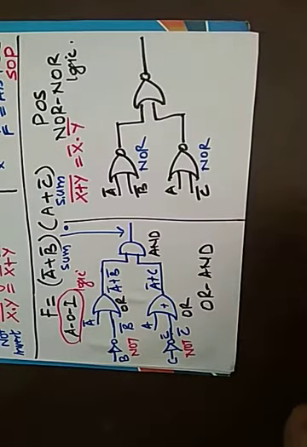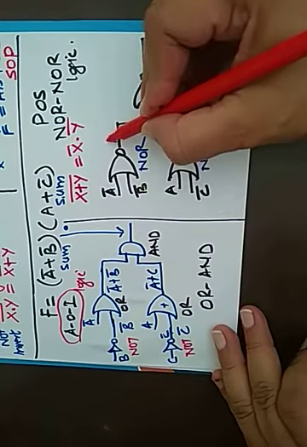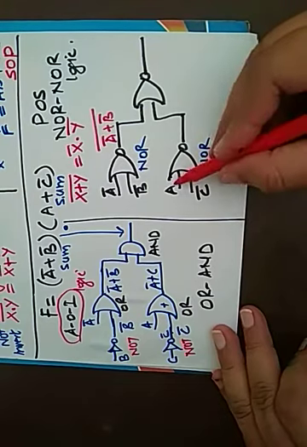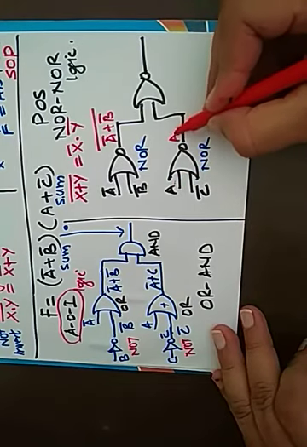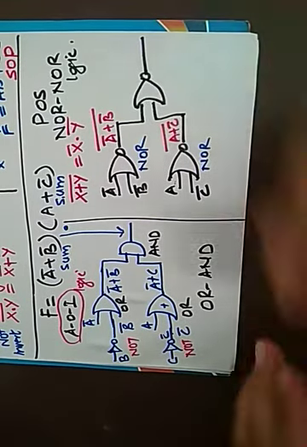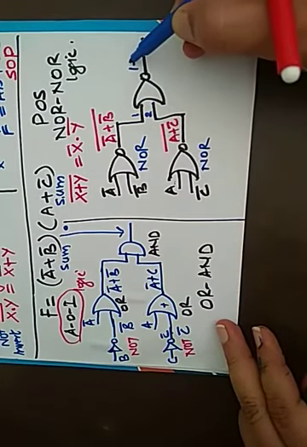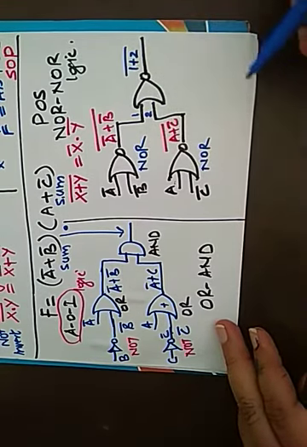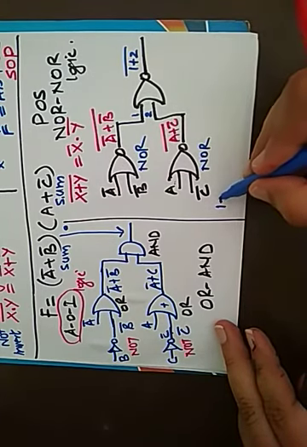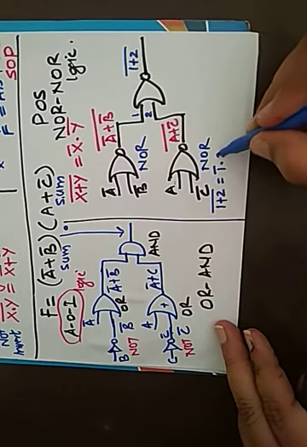Let us see how. Now this is a NOR gate having A bar, B bar as input, so it gives the output A bar plus B bar whole bar. This is A and C bar, so this is giving you A plus C bar whole bar. If you call this 1 and this 2, this is a NOR, so this gives you 1 plus 2 whole bar, which by De Morgan theorem is 1 bar dot 2 bar.